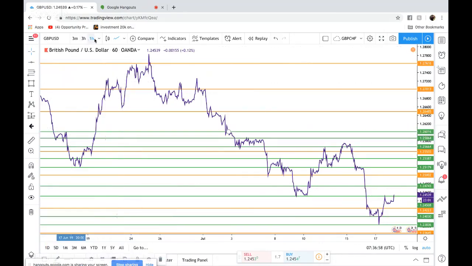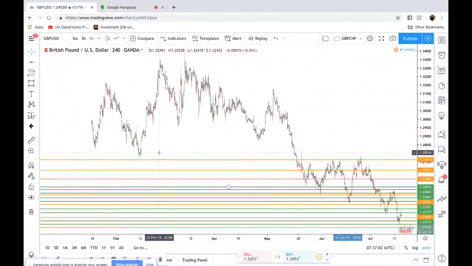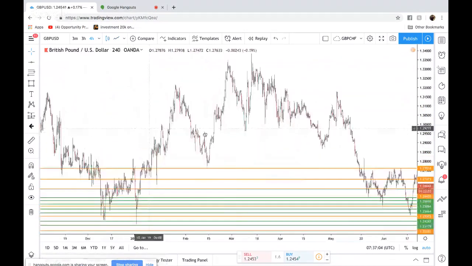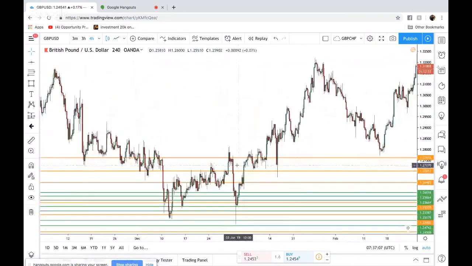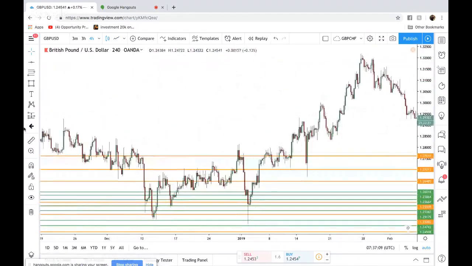And let me see if we can fill in some zones on this bad boy. Like we of course have this zone right here, this area right there.